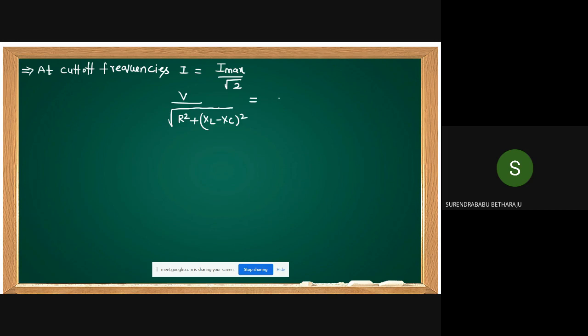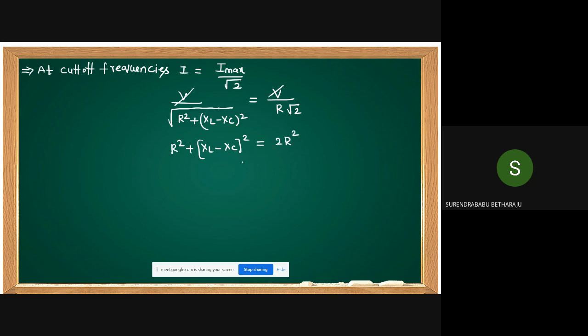This is equal to I maxima by, what is I max? That is the current at resonance condition. The V's cancel. Then what can we get, students? Squaring on both sides, R square plus XL minus XC whole square is equal to 2R square.